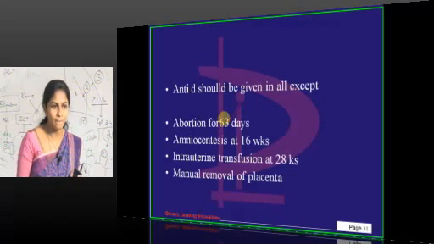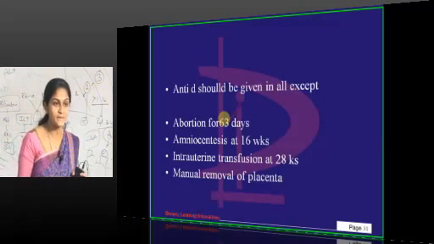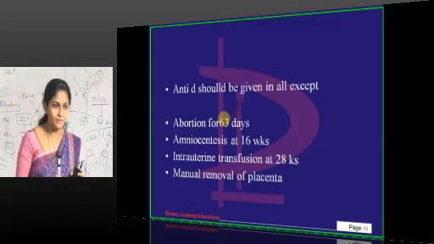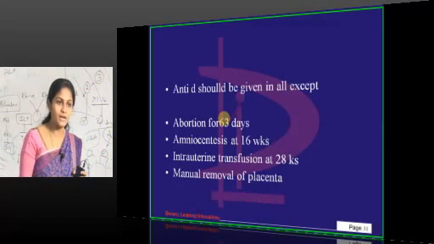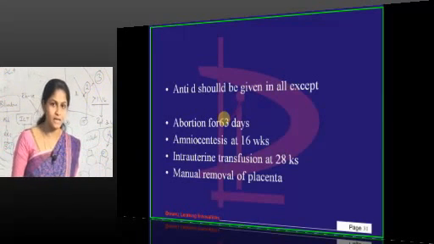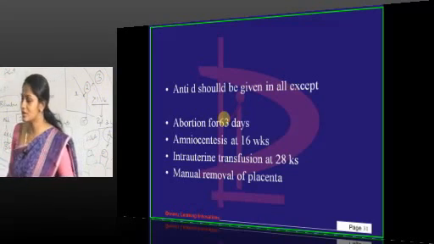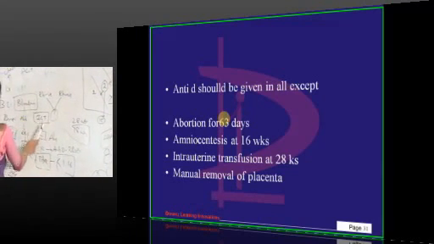Why? Hemolysis. Why the hemolysis? Antibodies. Where are the antibodies coming from? Already there are antibodies in the mother. So there is no need to give anti-D. Once the antibodies are there in the mother, there is no point in giving anti-D. Is it clear? That is the first basic point we have discussed with this chart.